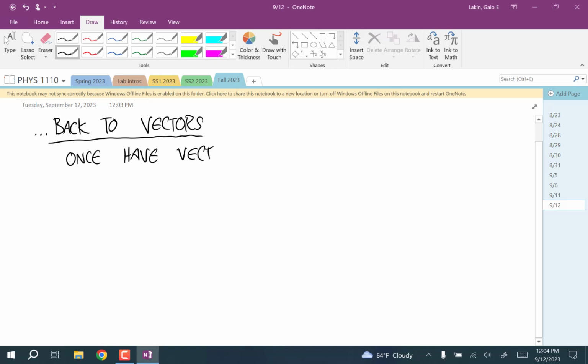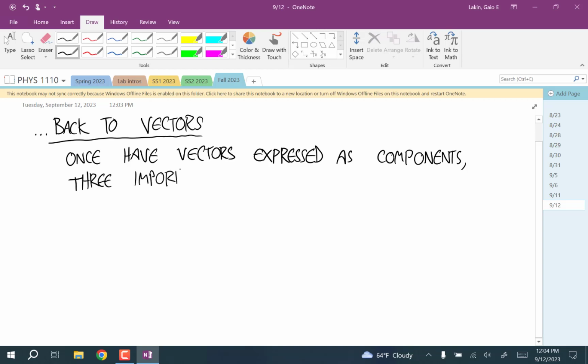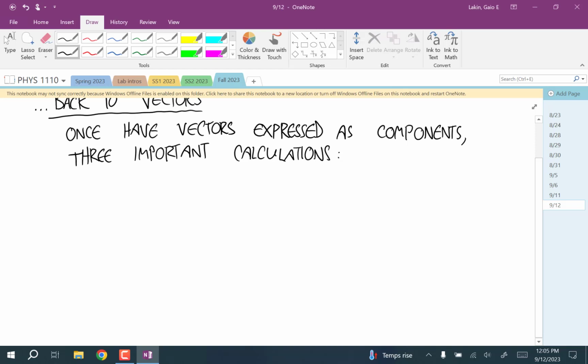So let's say once you have your vectors expressed as components, here are 3 important calculations. The first one is adding 2 vectors.